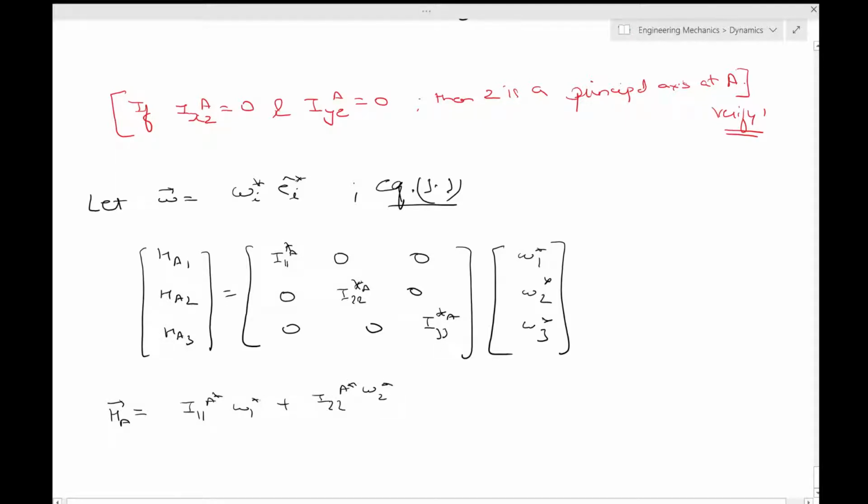Since this is a vector, it must be in the E1 star direction, E2 star direction, plus E3 star.